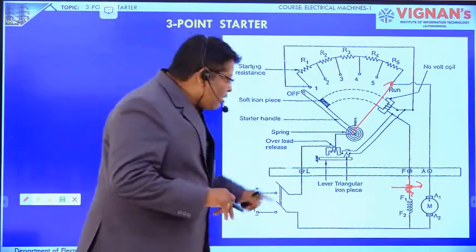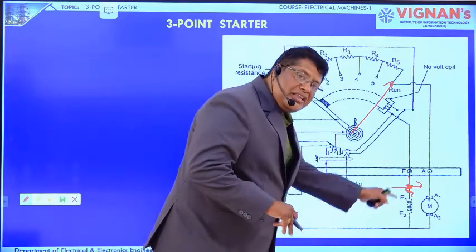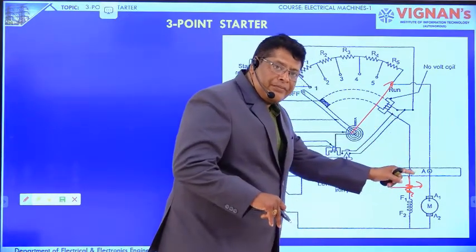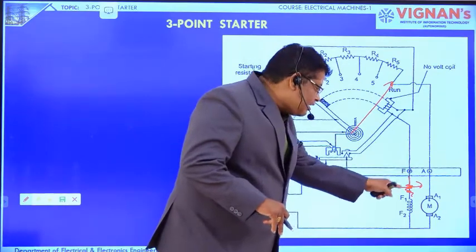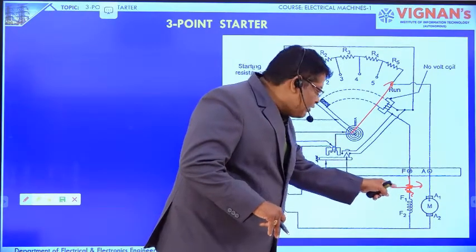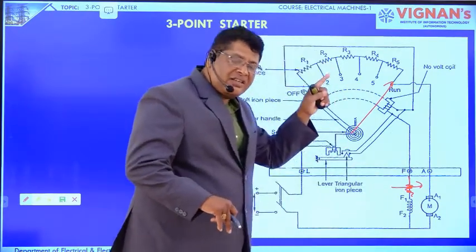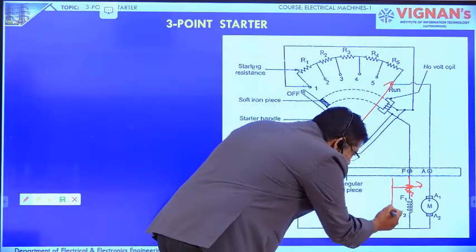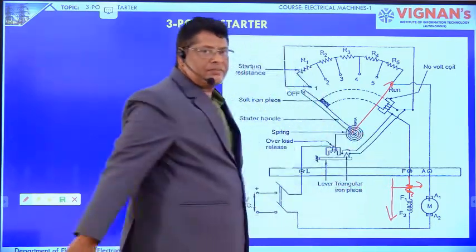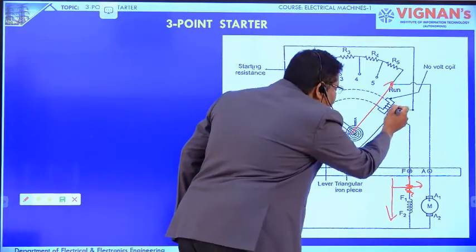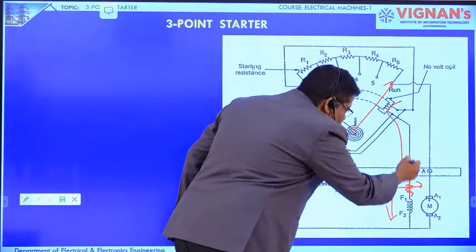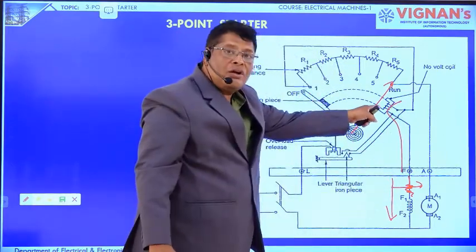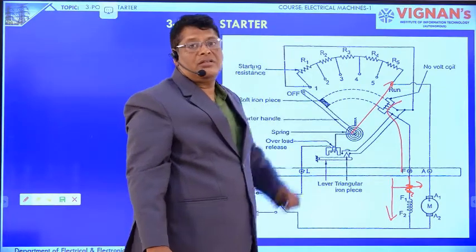Whenever we want to increase the speed of the motor, we keep external resistance in the field winding. As the field resistance increases, the current in the field winding decreases. This current is coming from the holding coil, nothing but the no voltage coil.